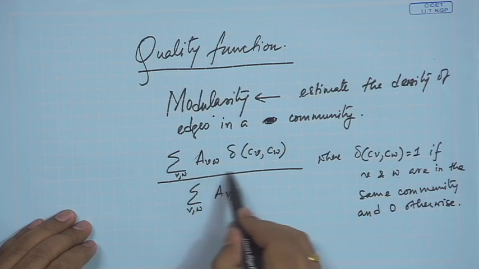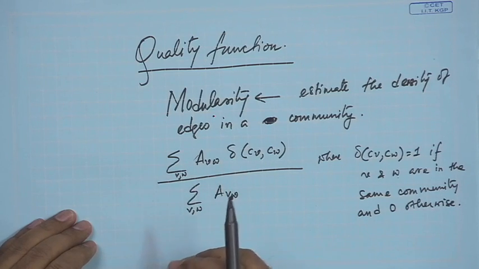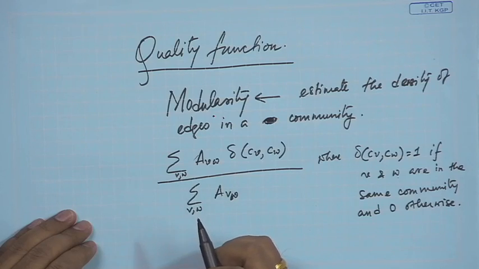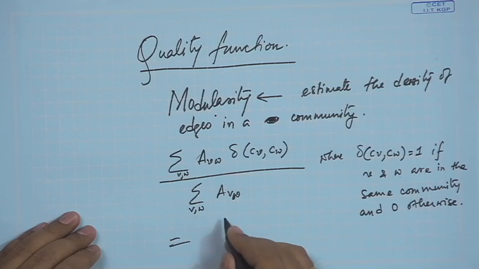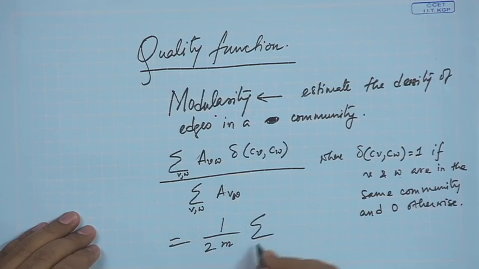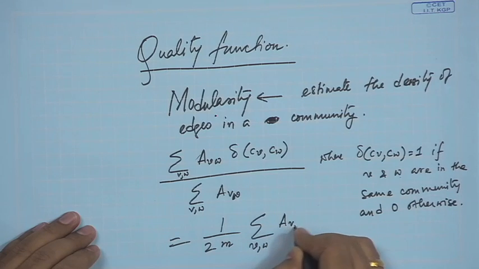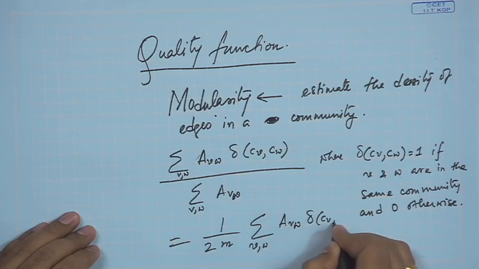So, basically what you try to count here is the number of edges that are present between the nodes inside the community, and you sum it over all pairs of nodes, and that you normalize by the total number of edges in the network. Okay. So, this translates to 1 by 2m, sum over v, w of A_vw delta(c_v, c_w).